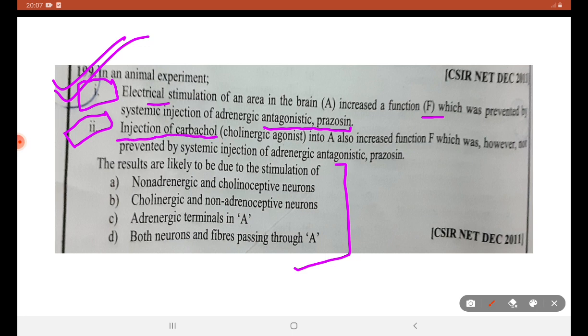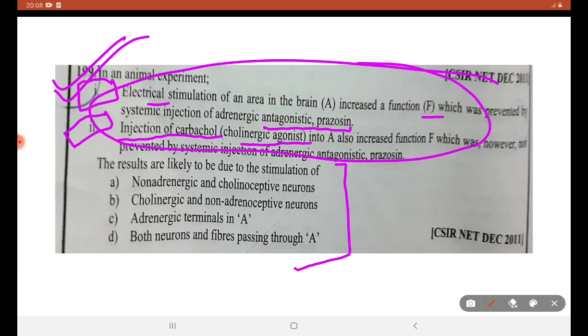Injection of carbachol, cholinergic agonist, into A increases function F, which was however not prevented by systemic injection of adrenergic antagonist prazosin. So what can be the probable reason? Pretty much simple question. We have reactions when adding these two things. Antagonist of cholinergic, adrenergic, whatever, we have a different reaction. Means both neurons and fibers are involved.